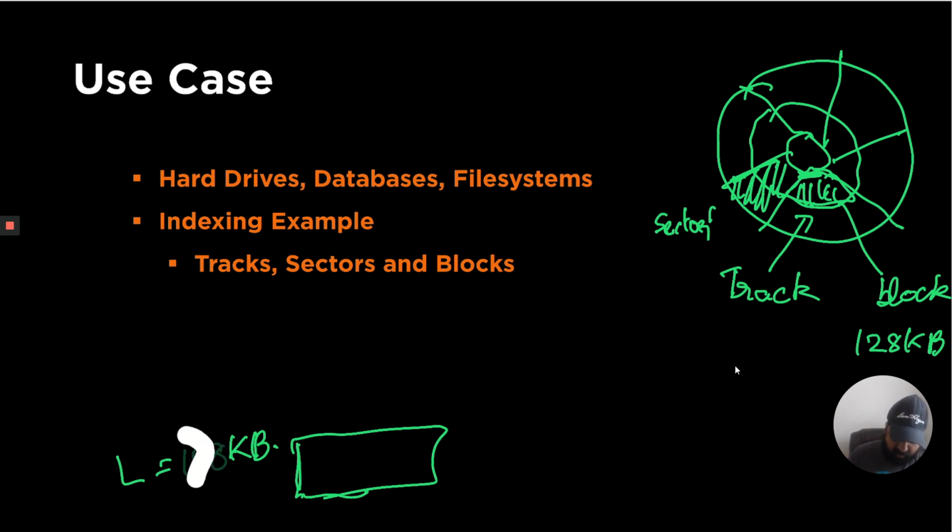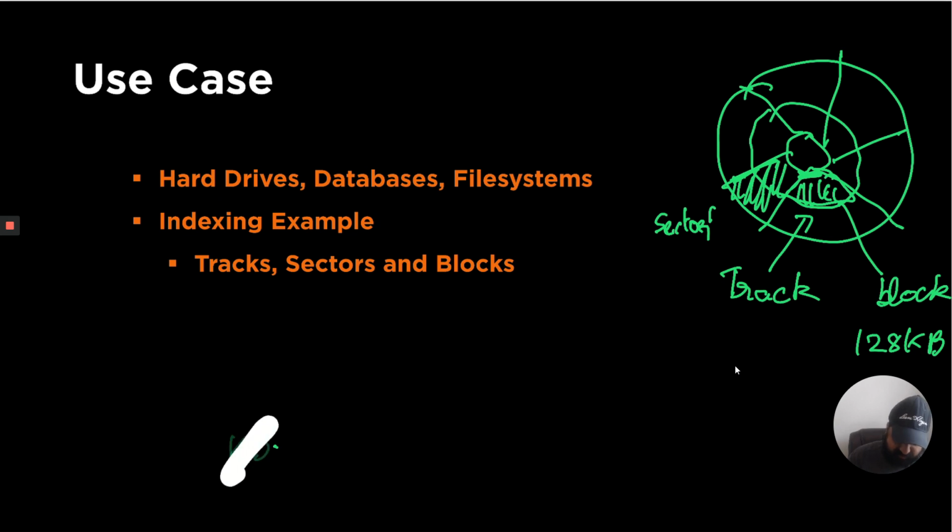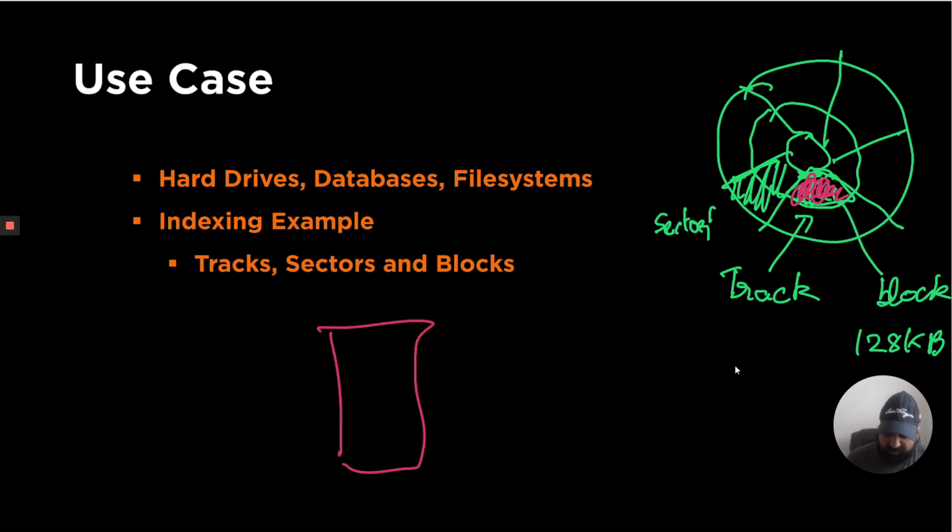And why this is important is because, let's say we want to find out something about a particular file in a block, or search this particular block. Our physical memory, the main memory, doesn't have the space to bring all the data from this big hard drive into here, because let's say we have 1 terabyte of data in this hard drive.